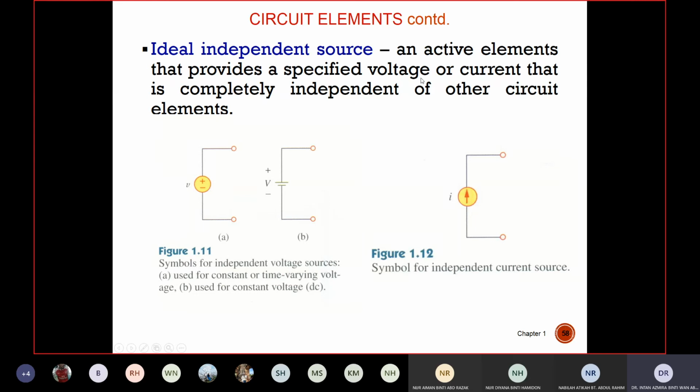It provides a specified voltage or current that is completely independent of other circuit elements. The symbol for an independent current source is a round shape, as well as for the voltage source, round shape. This is a DC source because of the plus and minus sign.